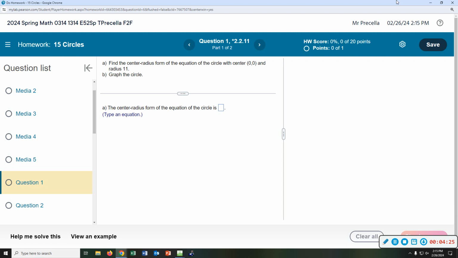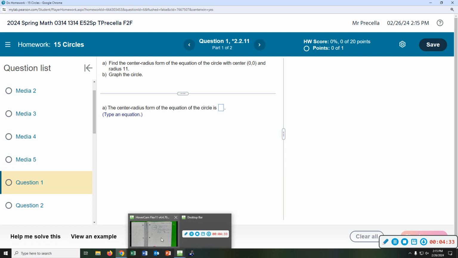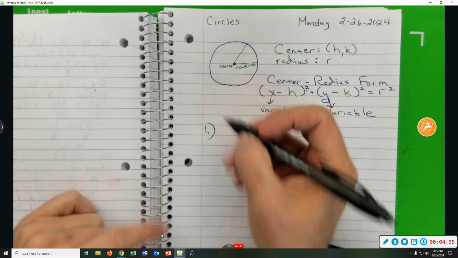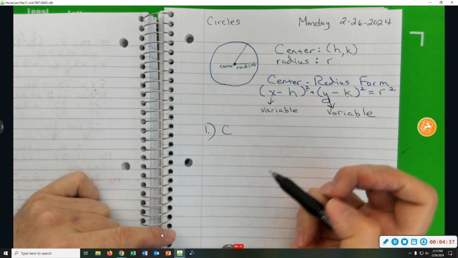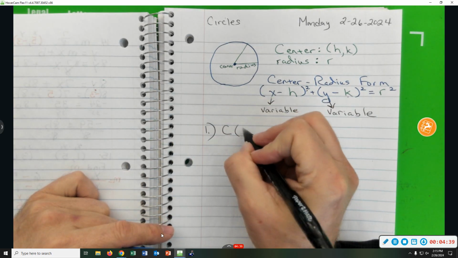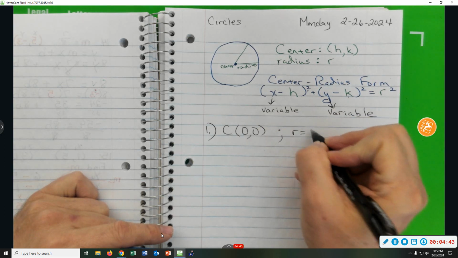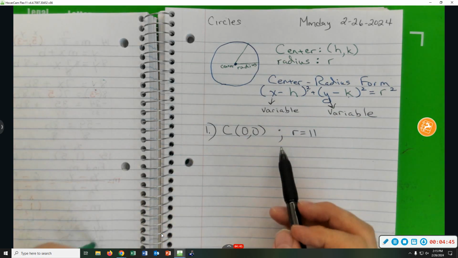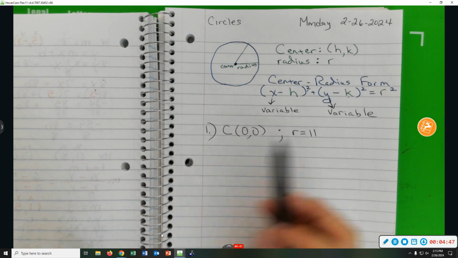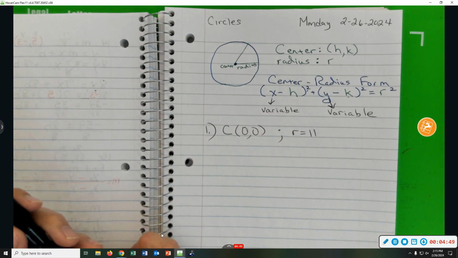This is number 1. Let me write it down. I'm going to write down the important information. Center is (0, 0), radius is 11. So I'm going to use a capital C as my lazy way of saying the center is at (0, 0), and they said the radius is 11. That's a semicolon there separating those two.